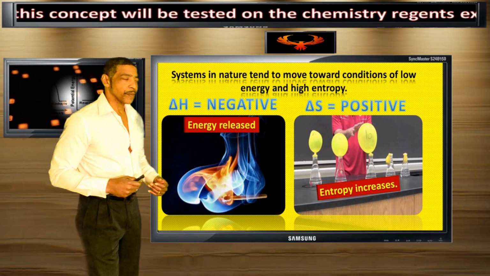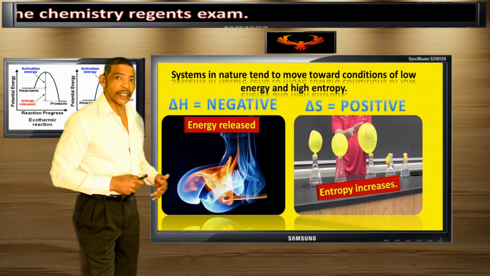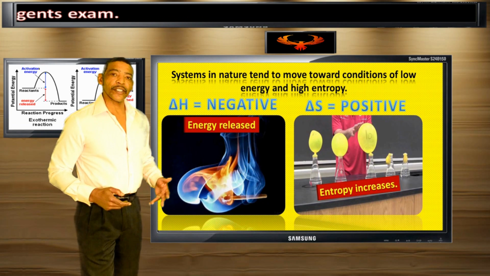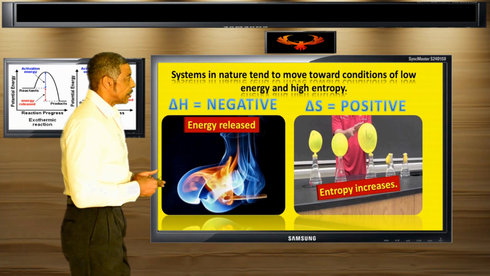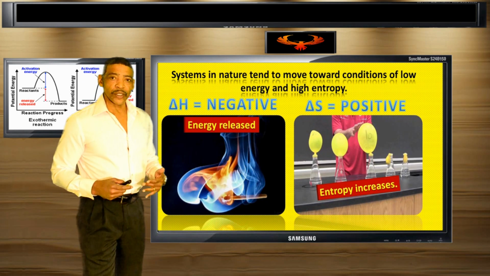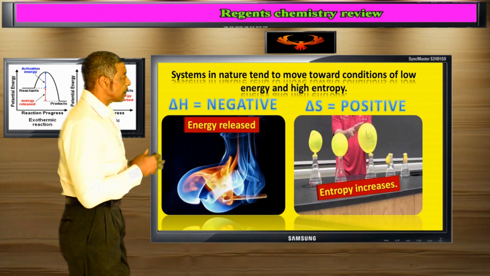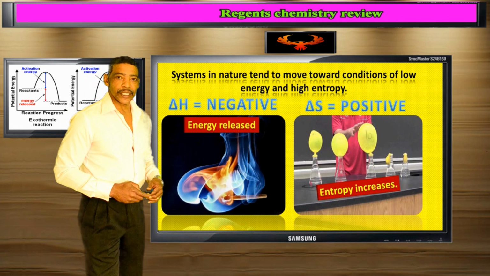In general, reactions that release heat energy, where the heat of reaction, the delta H, is negative, and form gases where the delta S value, the entropy value, is positive, will have a much faster reaction rate.